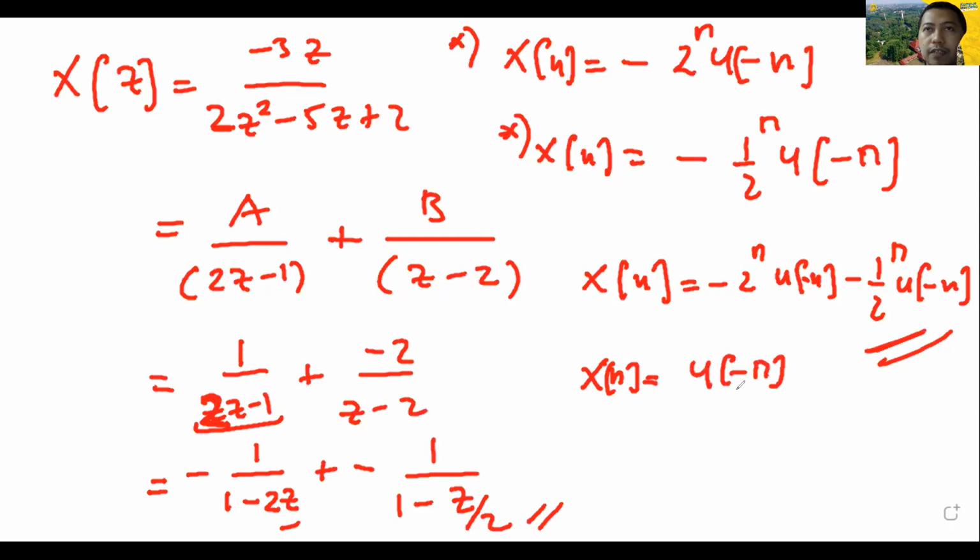So for the formal formulation of z, the range is from minus infinity to 0, right? Minus infinity to 0, and this is 1.